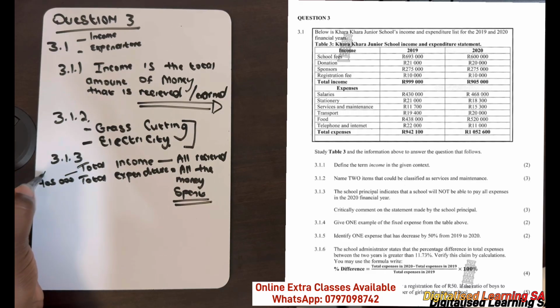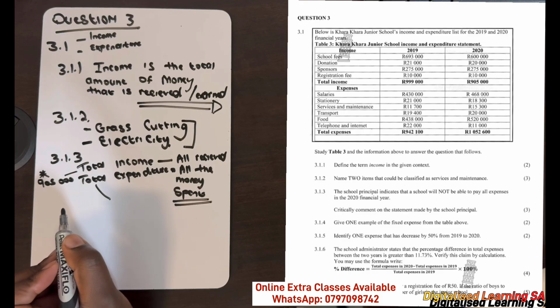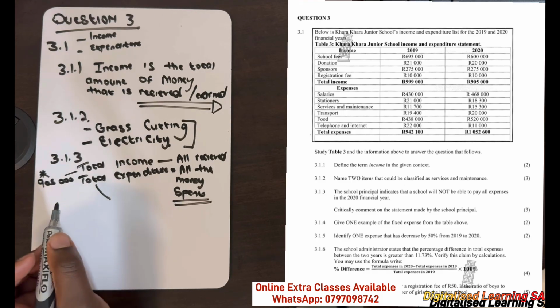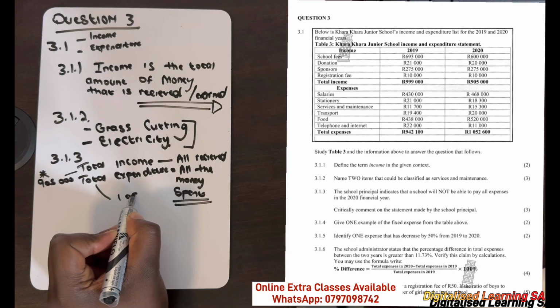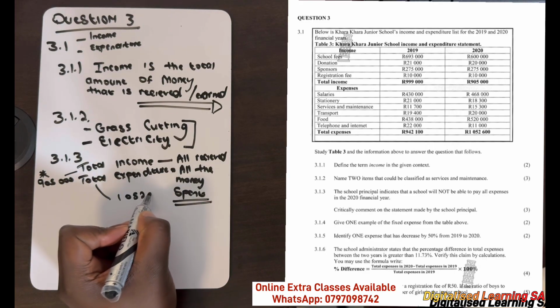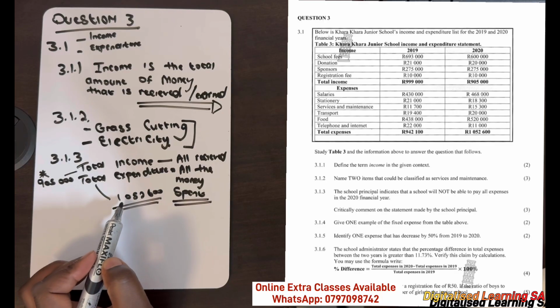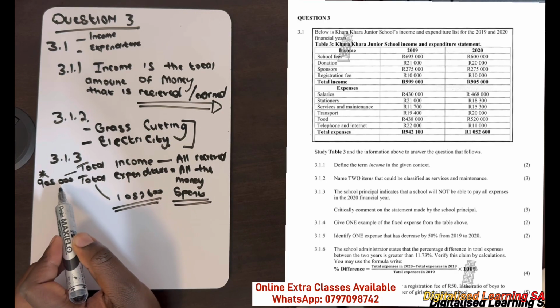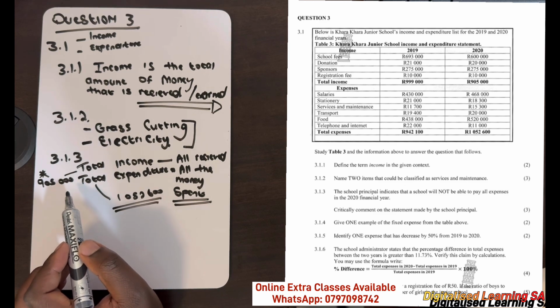So this is the money that was received by the school. And then total expenditure or total expenses was 1,052,600. So we can see that the school is spending more than what it has received. That's why the principal is saying that it won't be able to cover all its expenses.